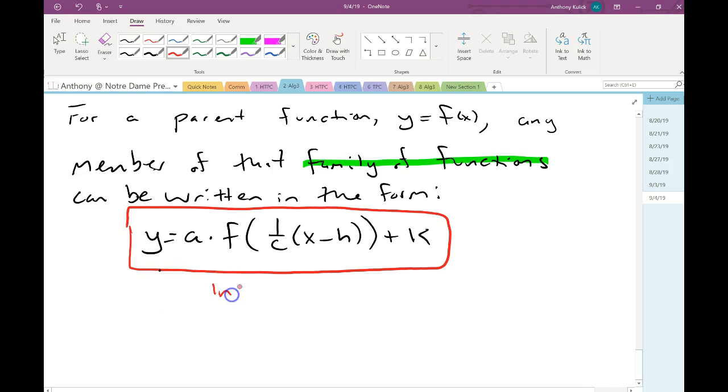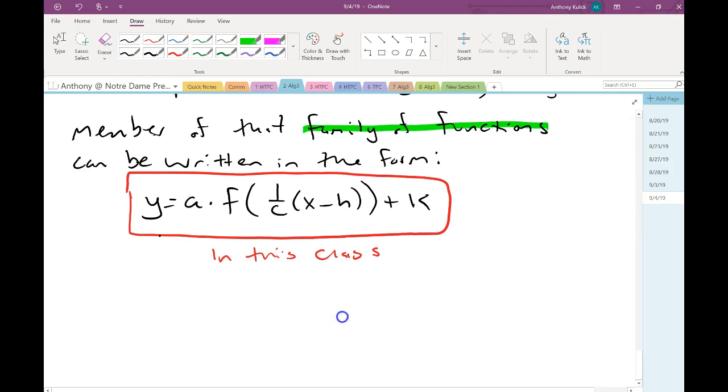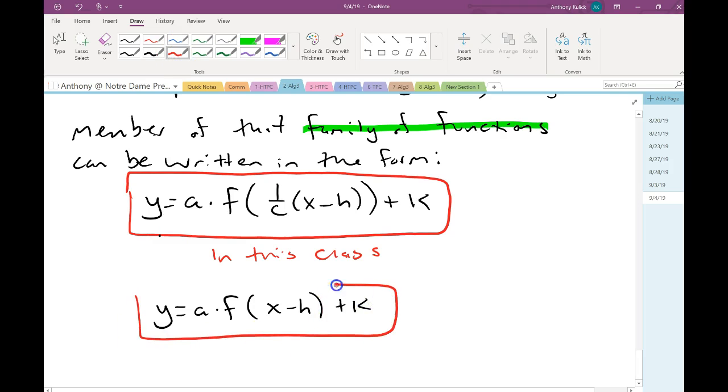However, in this class, we're not going to be concerned about the c coefficient. You'll have to wait until your trig and pre-calc class to really talk about those in good detail. And I'll make some mention here periodically why we don't have to worry about that.